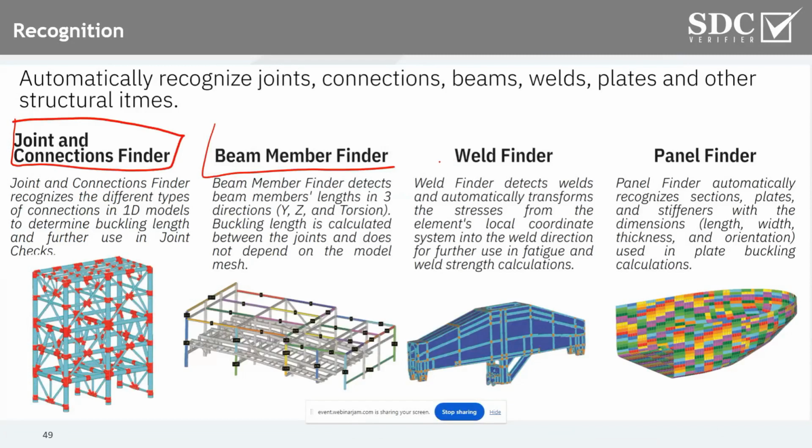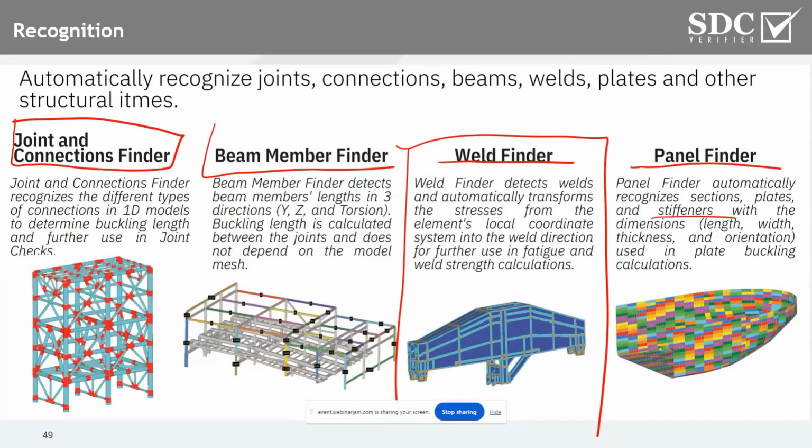It is possible to determine all the welds automatically, especially if we want to check capacity of the weld along with the fatigue-prone areas. And last but not least, the panel finder. So we're able to recognize sections, plates, stiffeners, and as a consequence, do the plate buckling checks and stiffener checks according to industry standards.